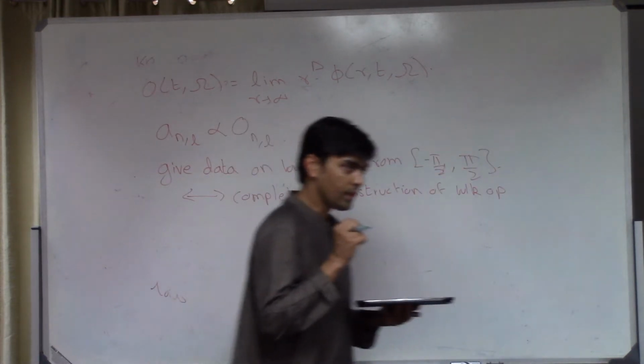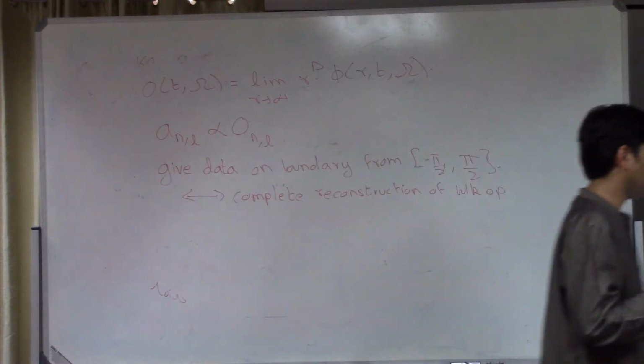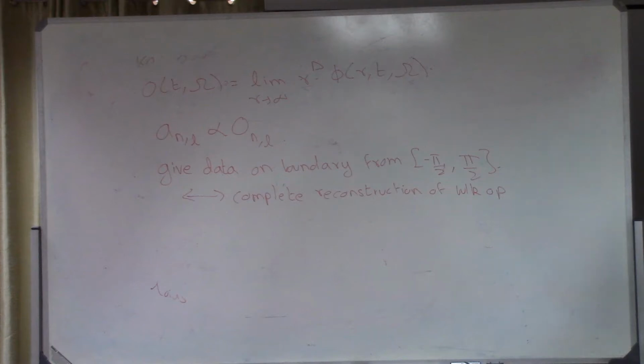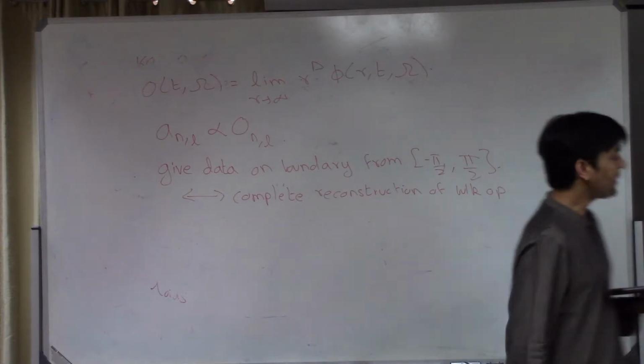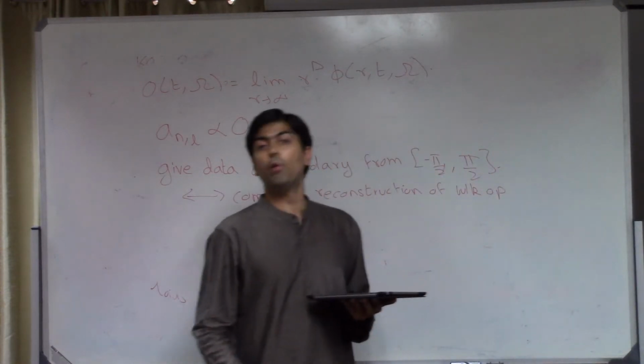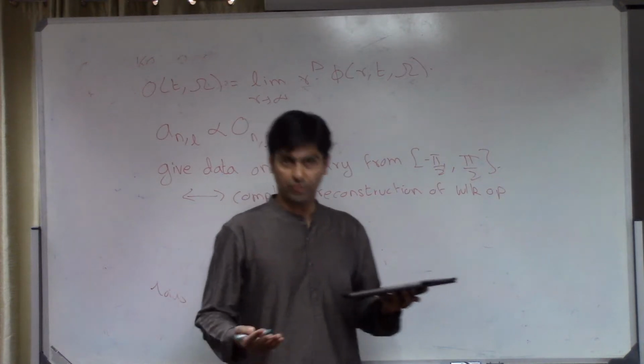Okay, so now the question I want to ask is, what if I didn't give you data from minus pi by 2 to pi by 2, but I instead only gave you data from minus t by 2 to t by 2, where t was some number which was smaller than pi? What then have you told me?